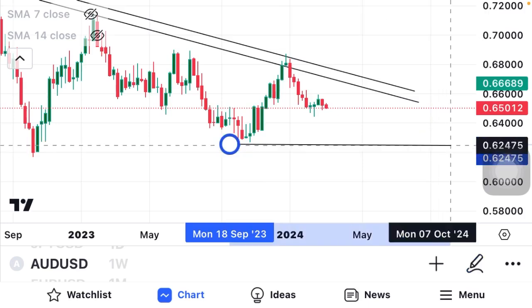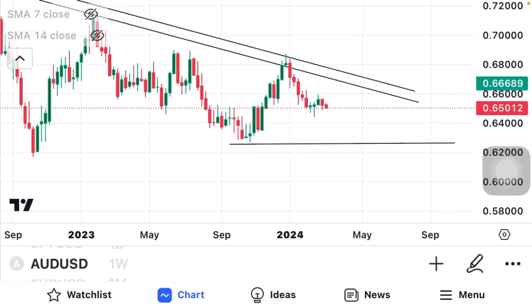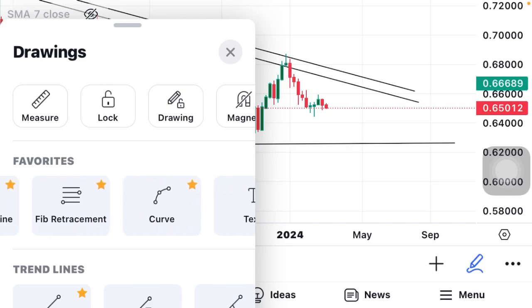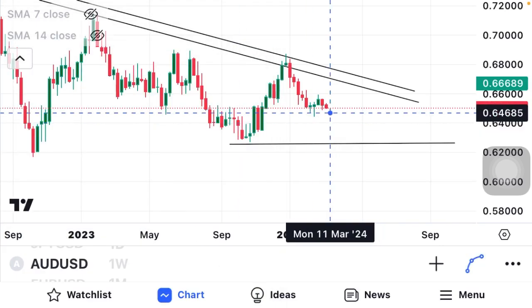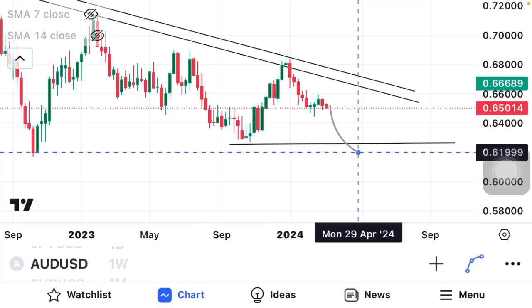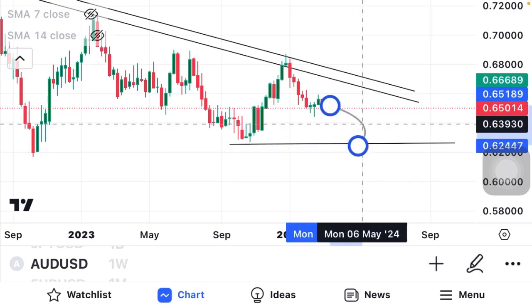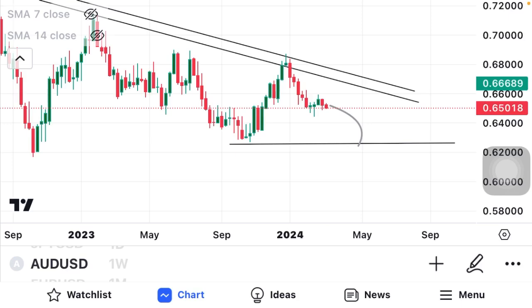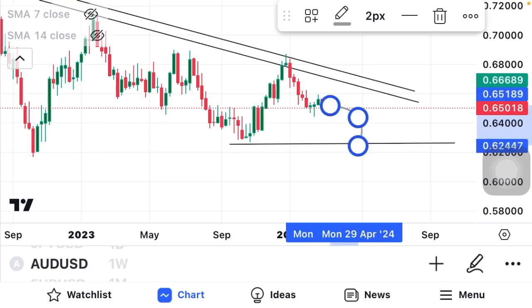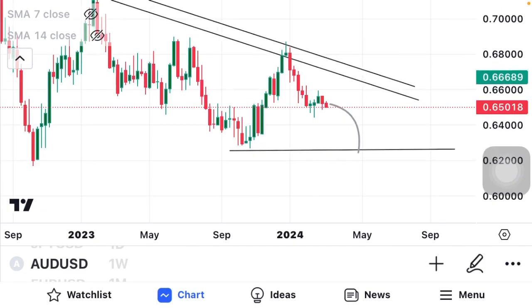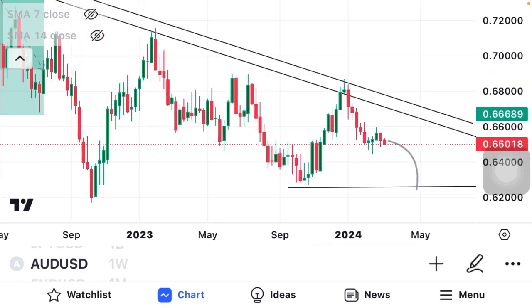This is the zone I'm targeting. If this market comes to this zone, I'll be in profit, and I'll be watching for the market to come to this zone.